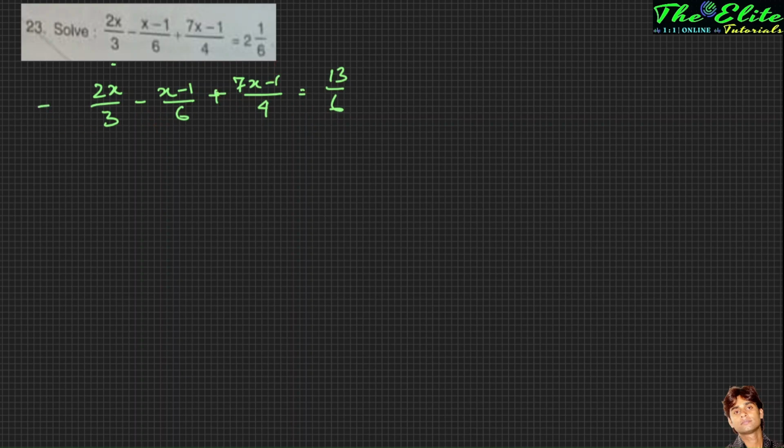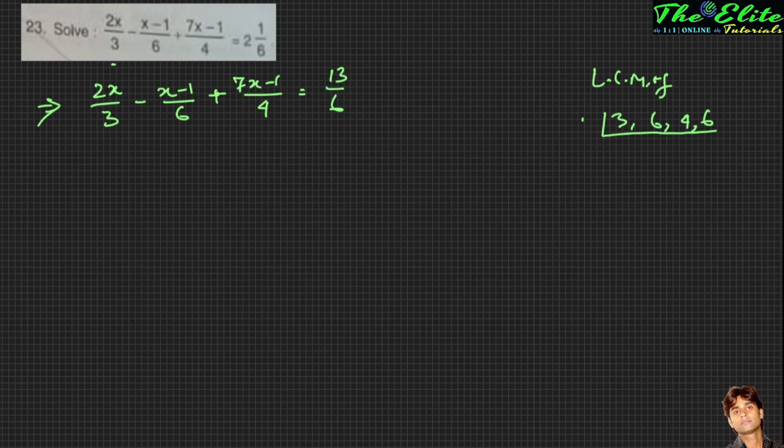Okay, clear? So you know that the denominators are 3, 6, 4 and 6. Tell me, what is the LCM of 3, 6, 4, and again the same number 6? Suppose you want to write 6, no problem, but we don't repeat the number to find the LCM.